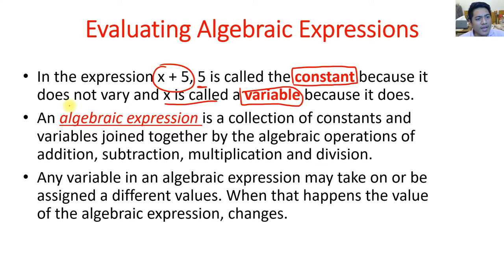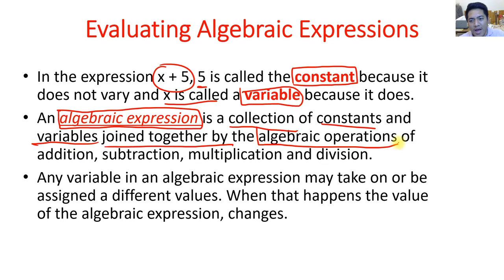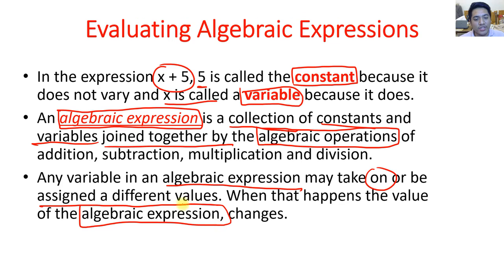Now, an algebraic expression is a collection of constants and variables joined together by the algebraic operations such as plus, minus, multiplication, and even division. Okay? So any variable in an algebraic expression may be assigned different values. When that happens, the value of the algebraic expression changes.